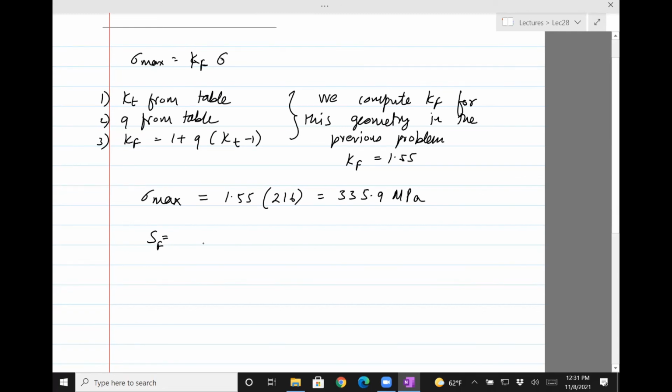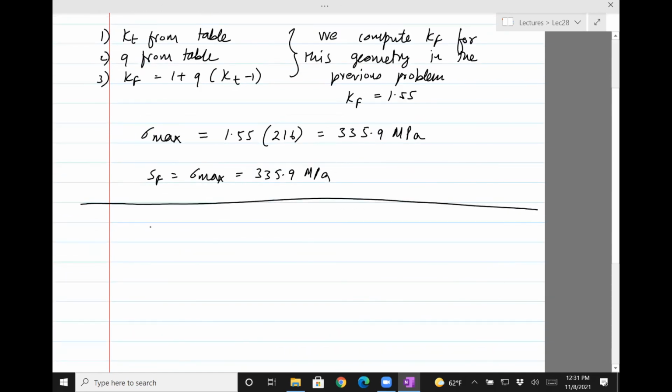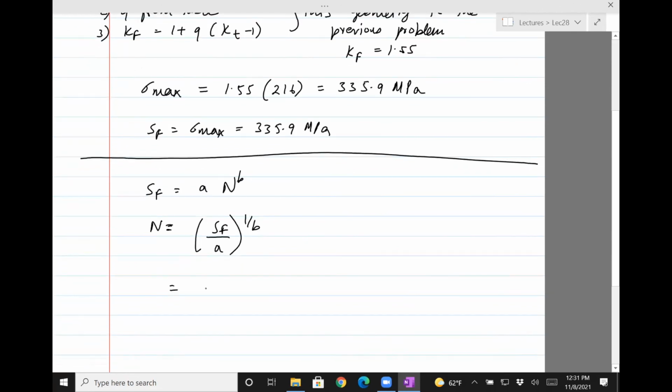Okay, so finally the place where this thing is going to break in fatigue failure is going to be B. And so the stress there, Sf, will be sigma max we just found, 335.9 MPa. The final step is to use Sf equals A n raised to B. You need to find n. It is Sf divided by A, to the power of 1 over B. Sf is 335.9. A was 1564.